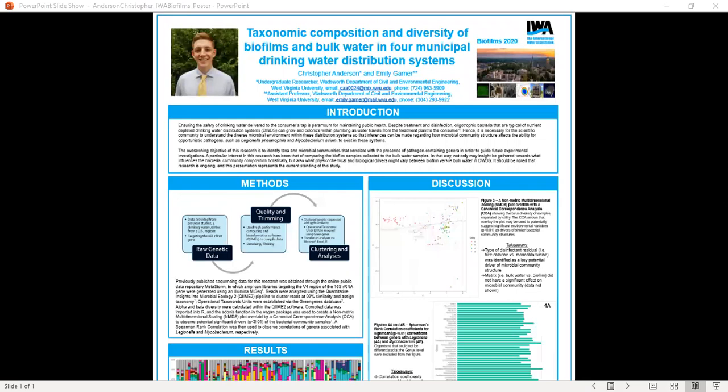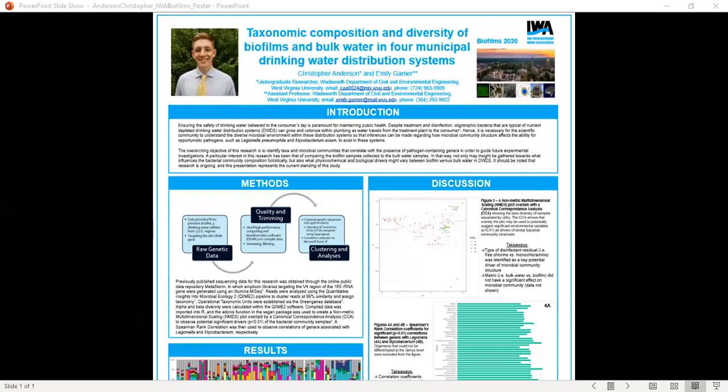Hence, understanding the composition and diversity of drinking water distribution system bacteria can then hopefully give insight to factors that might influence the microbiome, whether they're from physical flow of water, chemical reaction, or biological factors that are interacting within biofilms and bulk water alike.